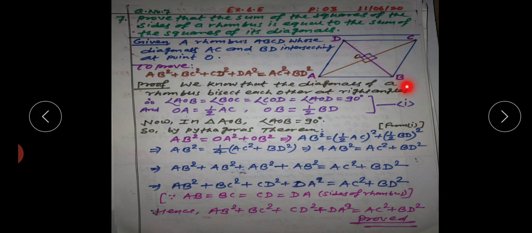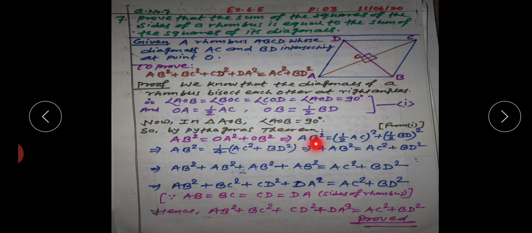Now in triangle AOB, angle AOB is equal to 90 degrees. So by Pythagoras theorem, the side opposite to angle AOB will be the hypotenuse, that is AB square will be equal to the sum of the squares of the other two sides, that is OA square plus OB square.